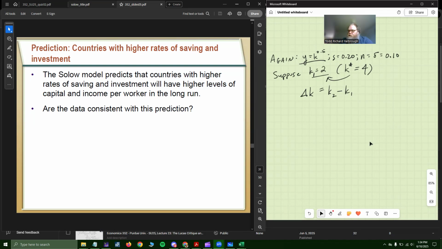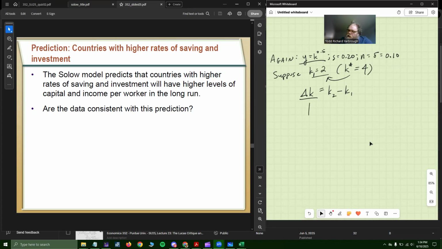So let's set up a very simple 2-period setup here. We can define the change in capital per worker as just capital per worker in time period 2 minus capital per worker in time period 1. And then we can also define what capital per worker is going to be in time period 2, because we know what that is.